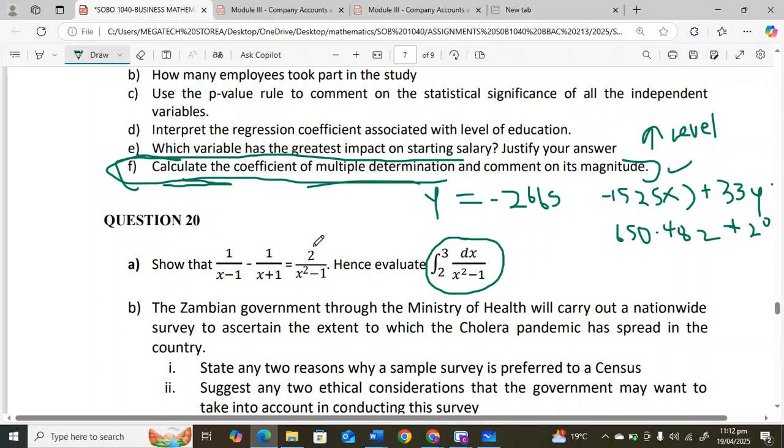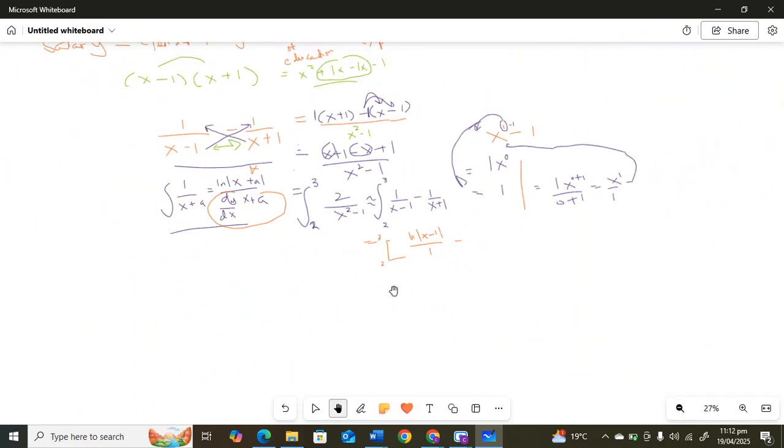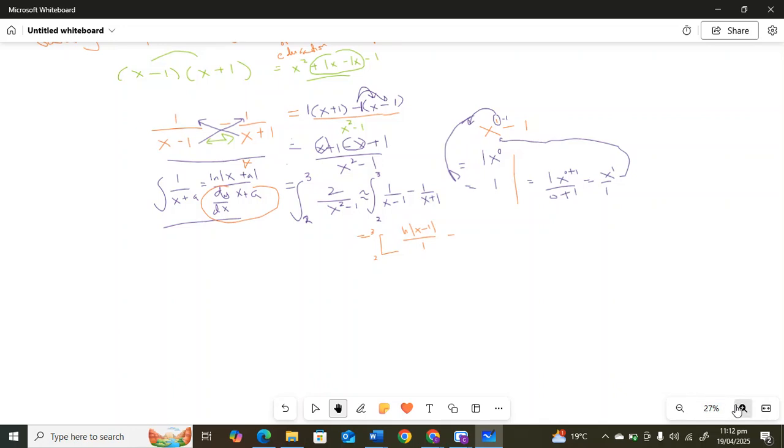Yes, we've shown that this equals this. It ended here.